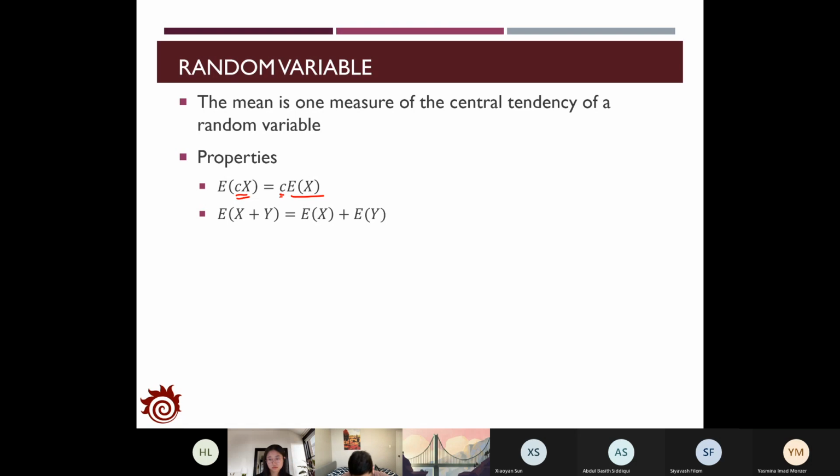And if we have two random variables, X and Y, the expectation of the summation of these two variables would be the summation of the two expectations, so that is E[X] plus E[Y]. This is regardless of independence. It's not necessary for the two variables X and Y to be independent or not.